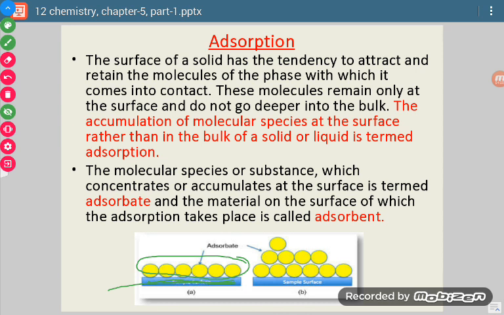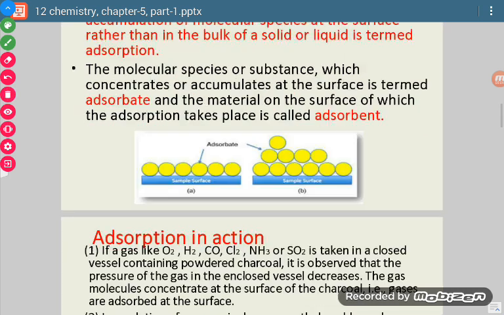So these things which are getting in touch with the surface and are remaining there, these things are termed as adsorbate. Okay, so that sample on which adsorption occurs, that is adsorbent, and that thing which gets accumulated, that is adsorbate. So this way you have to distinguish it.